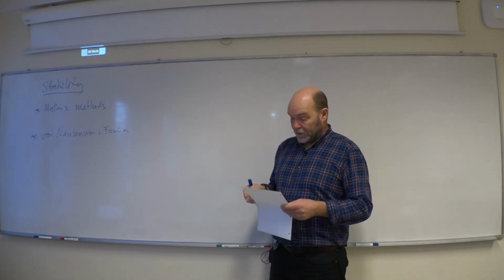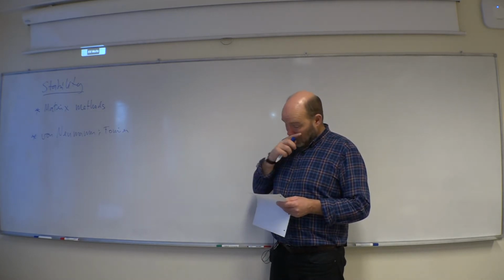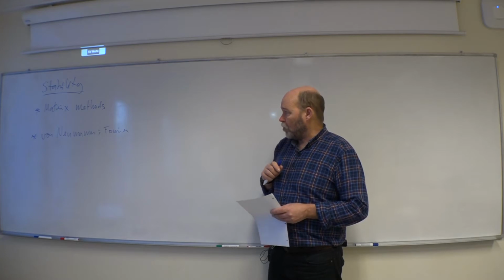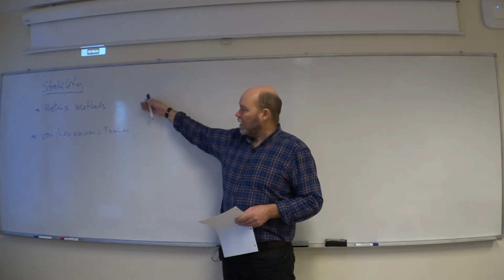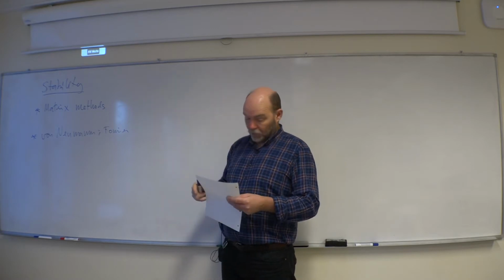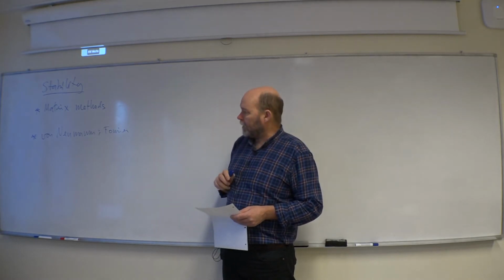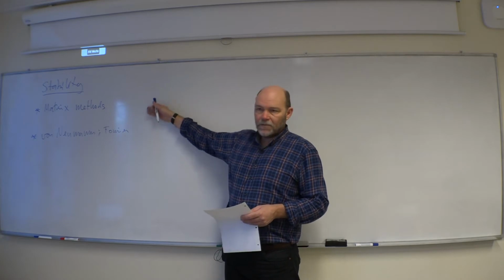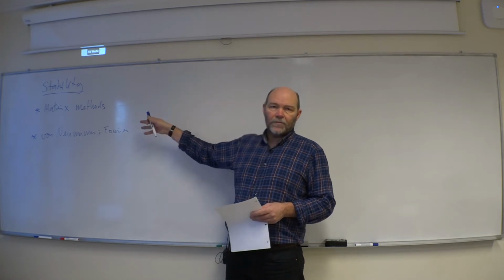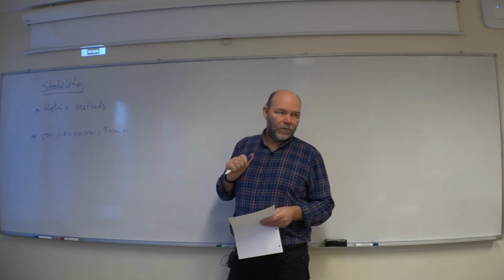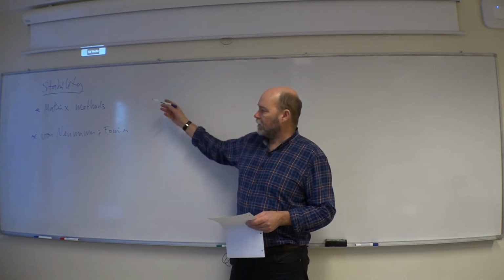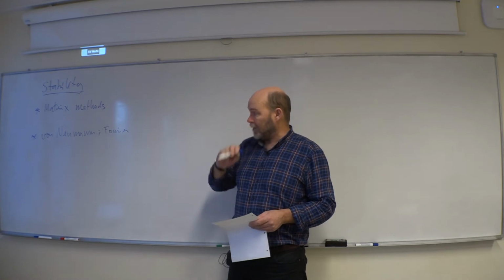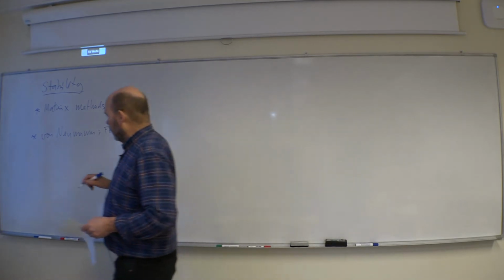So that's the two most famous, and I'm going to show this one a little bit how it works, and this one I'll talk a little bit about it, but we are not going to use either of these. These are the standard methods in any numerical course. I guess you have heard about them before. So I'm not going to go into any details of these, but you should be, of course, aware of them.